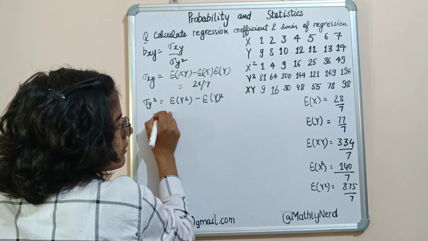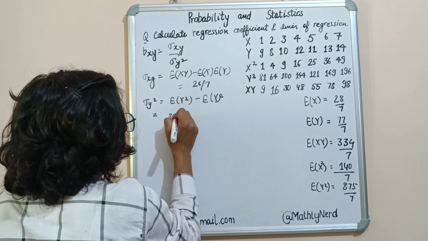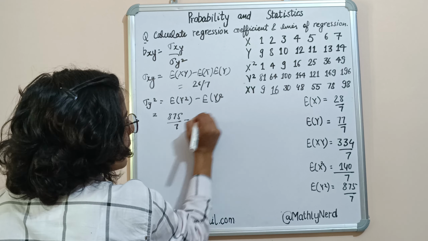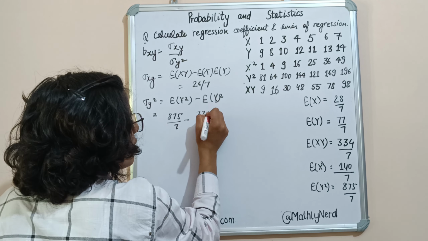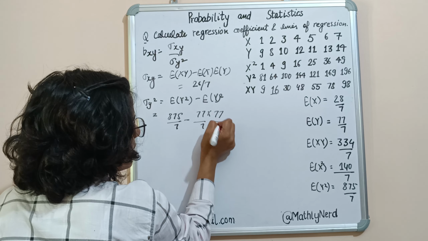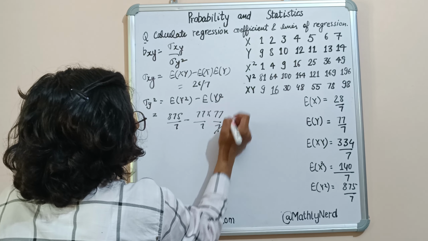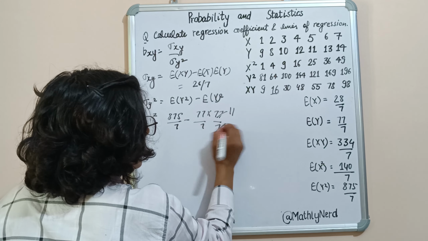This will be E of y square, 875 by 7, minus 77 by 7 into 77 by 7, that is 11 into 11.